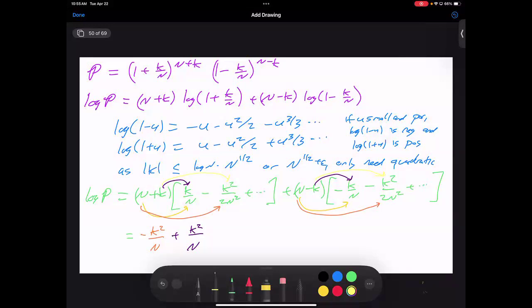So they cancel. And so there is an algebra error here because everything should cancel. We're off by a factor of 2 somewhere. So I'm trying to see if I can quickly see where the error is.